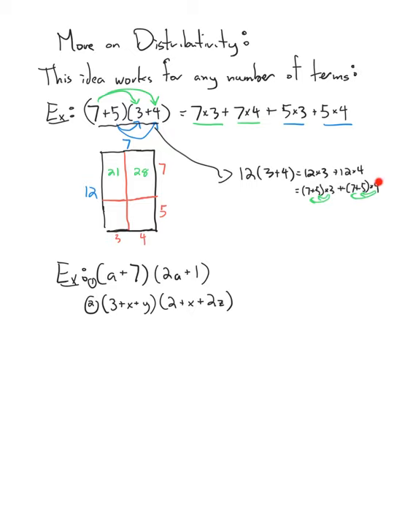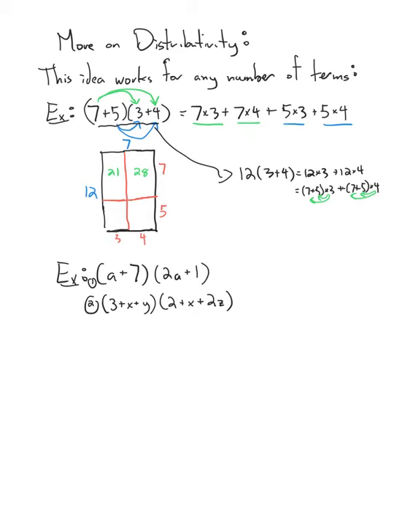You could just use distributivity the way we defined it twice, but the way everybody thinks of it is as follows. You take every term in your first bracket, multiply it by every term in your second bracket, and then add them all up. So here we have 7 times 3, then 7 times 4, then 5 times 3, then 5 times 4.